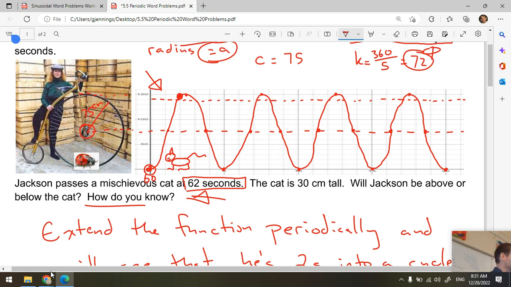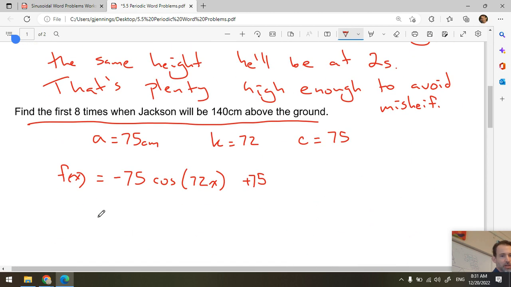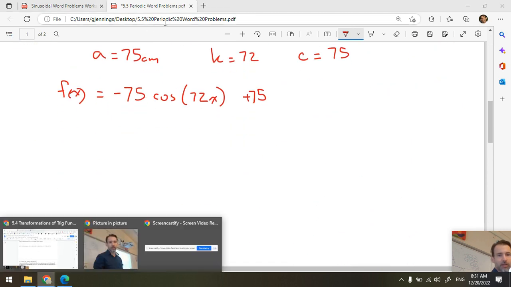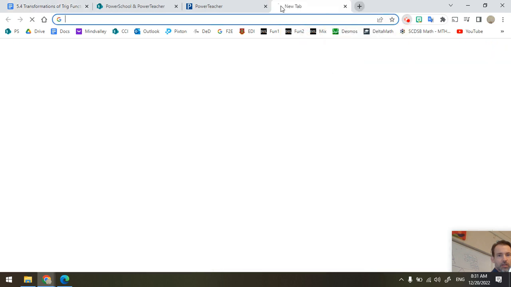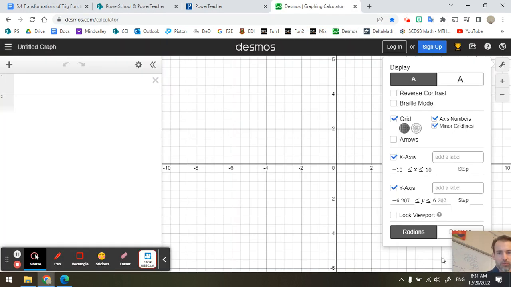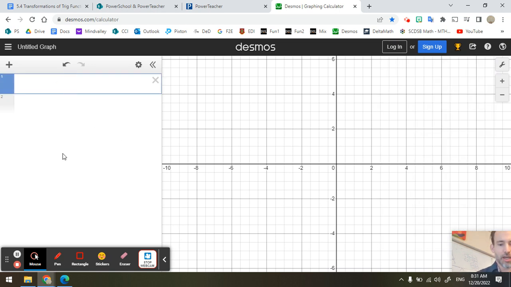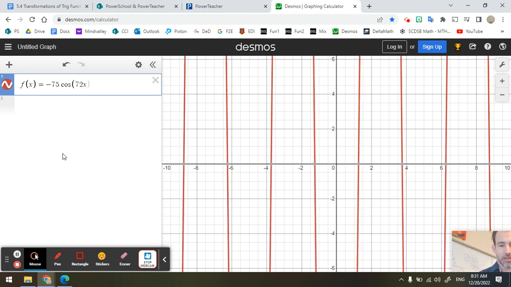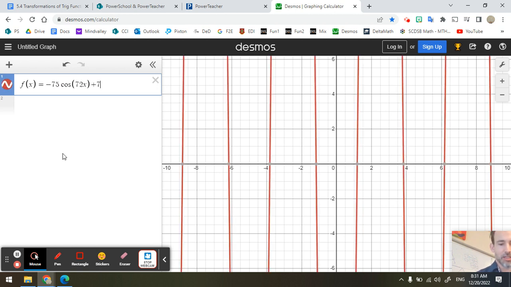Okay. You want to see it? Let's see it. So I'll show you this function that we've just created. It would look like this. First of all, whenever using Desmos for these, your first step is to flip that to degrees and then go ahead and punch this in. f of x is equal to negative 75 cosine of 72x and the bracket plus 75.